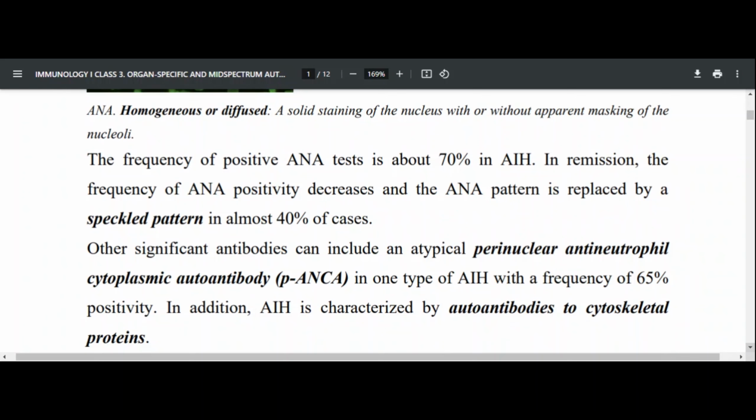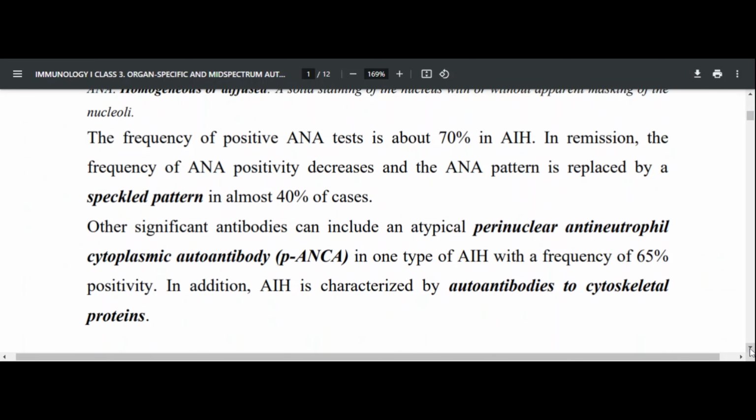Other significant antibodies can include atypical perinuclear antineutrophil cytoplasmic antibody in one type of acute active immune hepatitis, with a frequency of 60% positivity of perinuclear antineutrophil cytoplasmic autoantibody. In addition, active immune hepatitis is characterized by autoantibodies to cytoskeletal proteins in the cells of the liver.